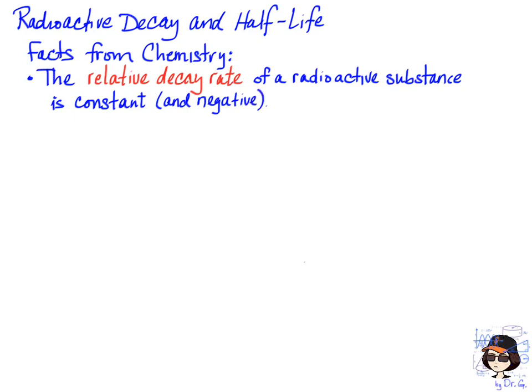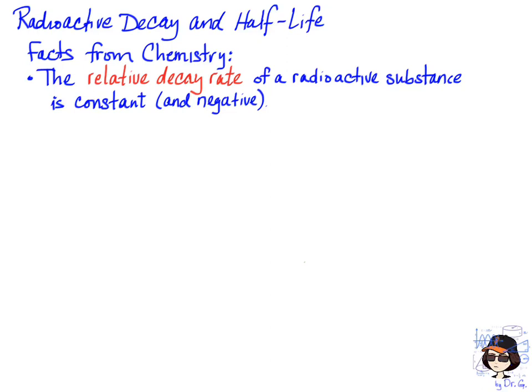So what does that mean? When we said that a relative growth rate was constant, that meant that the function satisfied a differential equation that said that the rate of growth was proportional to the size of the function. So here we have a relative decay rate.